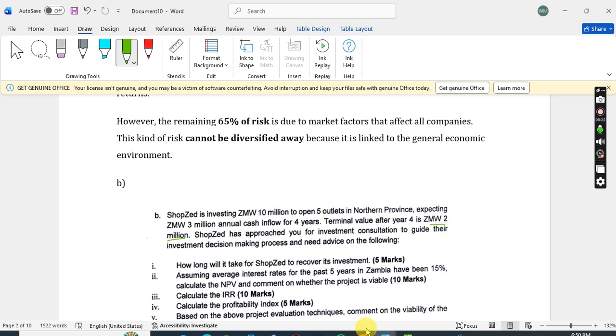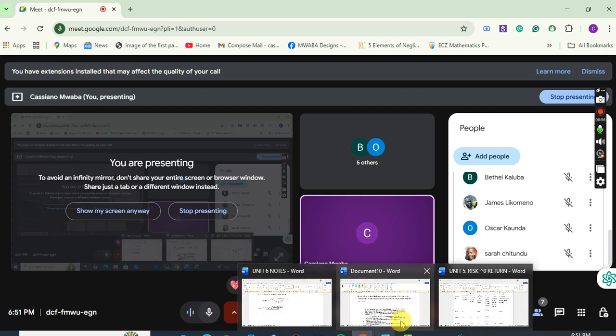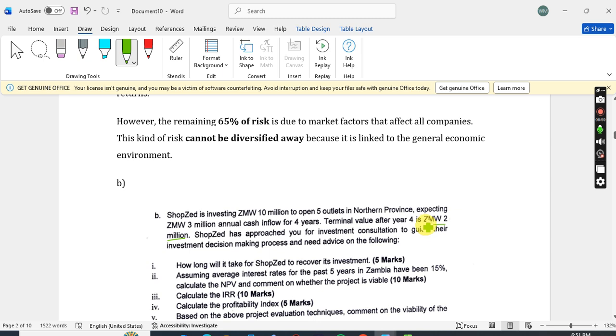Now this is a mistake a lot of people make. They've said in that question after year 4, and you're tempted to put year 5. Please do not put year 5. You just assume the end of year 4. That's why we've put the terminal value in year 4. Don't put a year 5, colleagues, please. When you hear a terminal value in a question, just assume it's at the end of the last year. So, madam, that's how I got the 5 million: this terminal value plus this inflow for year 4.